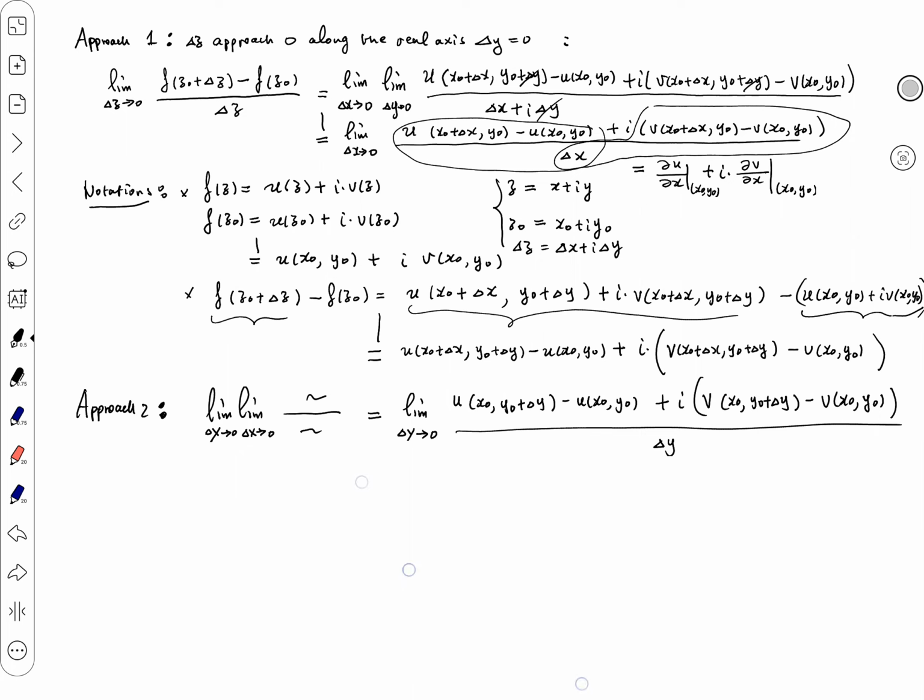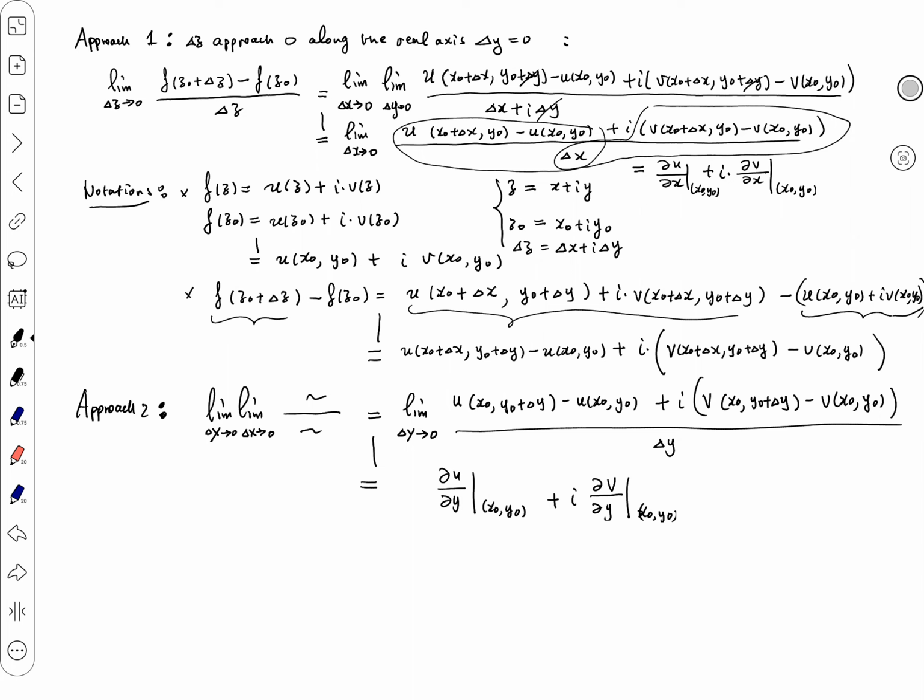So this is indeed partial u partial y at x naught y naught plus i partial v partial y at x naught y naught.